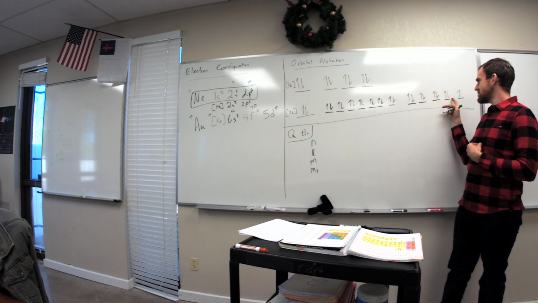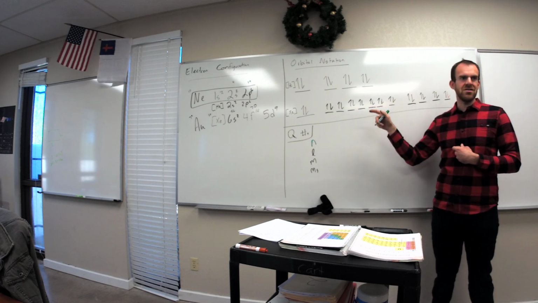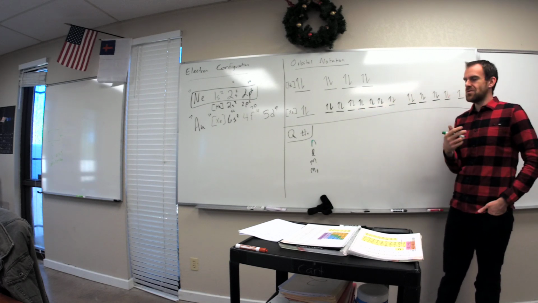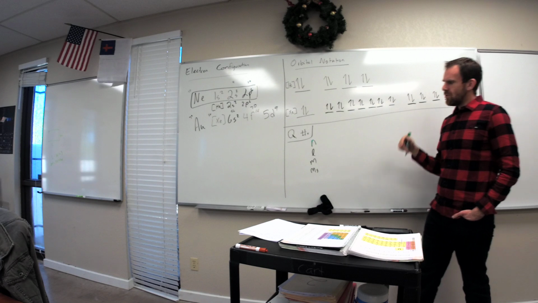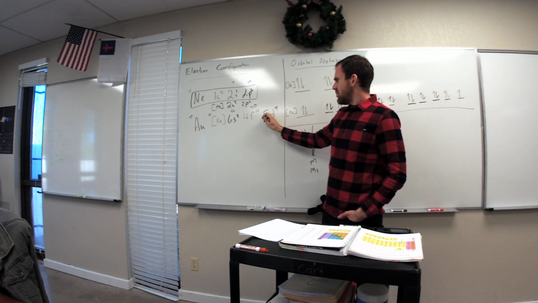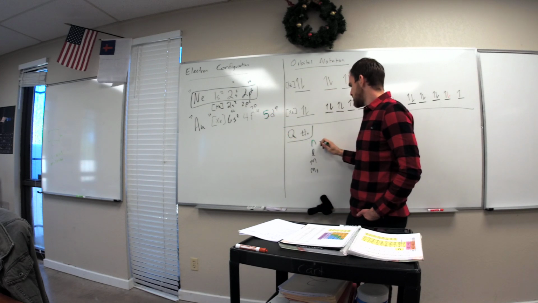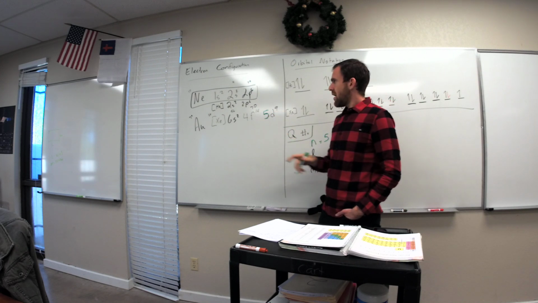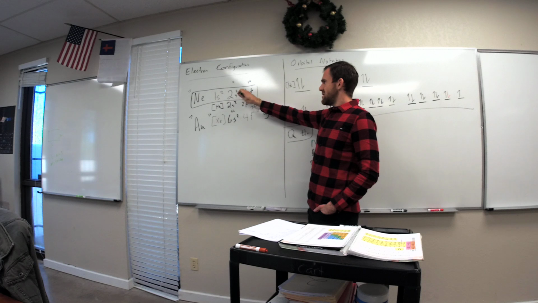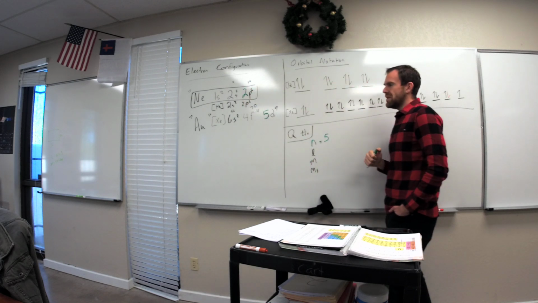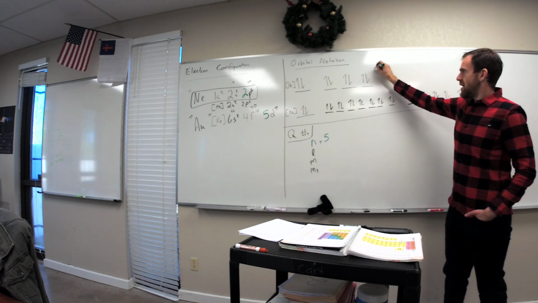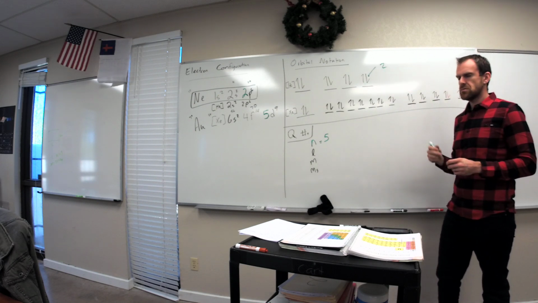So this was my last electron. I could ask for any of these electrons. I just will ask for the last one. So here, what is the energy level? Well, it was in energy level 5. So n equals 5. Here, the last electron was in energy level 2. So the answer for this one would be 2.